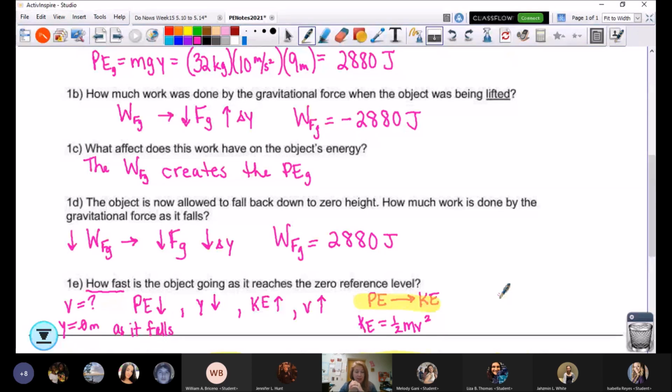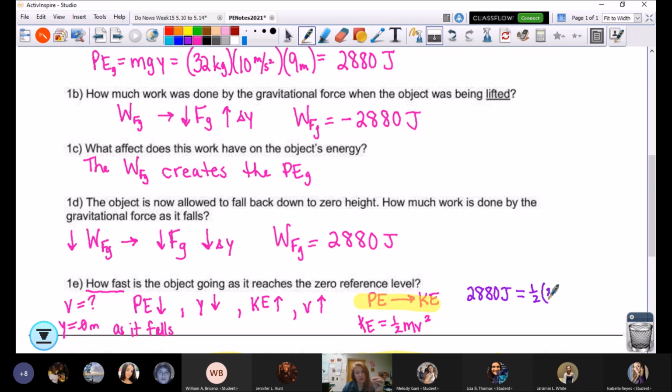So it's asking us, how fast is the object going? Well, because our potential turned into kinetic, I'm going to use now the kinetic energy equation, and I'm going to solve. So how much kinetic do I have now? 2,880 joules, because I had that much potential, and it all transferred to kinetic.